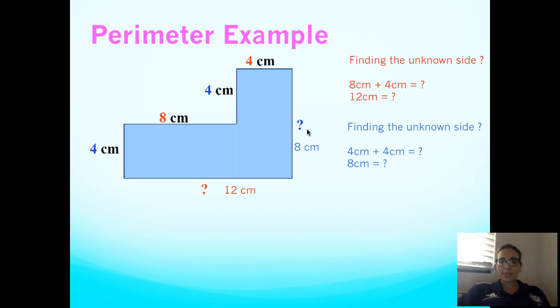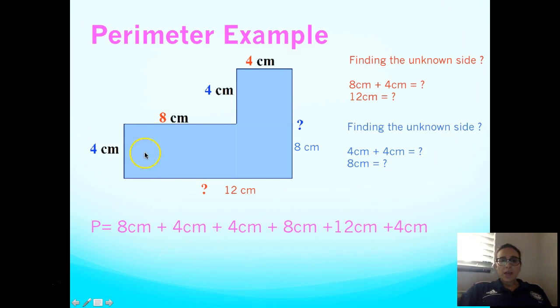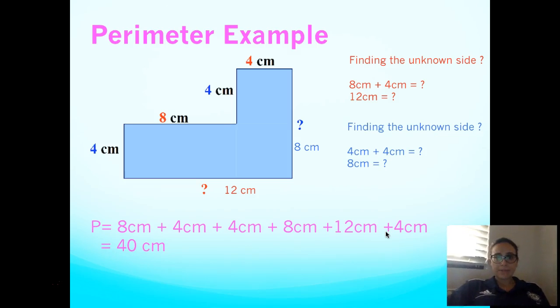So now we can replace the blue question mark with 8 centimeters. Now we have all the sides of our rectangle, so it's a very simple process of adding them all together. 8 centimeters plus 4 centimeters plus 4 centimeters plus 8 centimeters plus 12 centimeters plus 4 centimeters. When you add those measurements together, you get 40 centimeters.